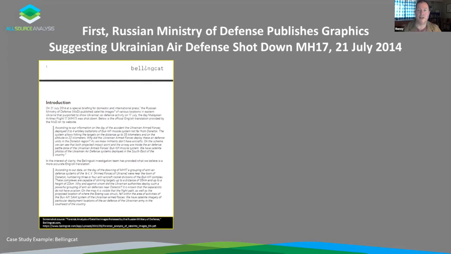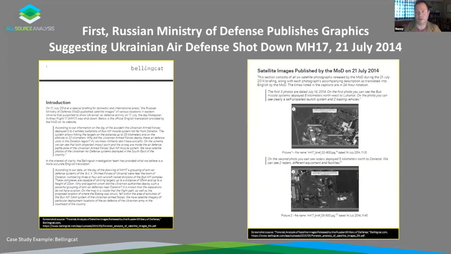Now, here is an overview of this from the organization Bellingcat. They did a full case study of this example publication. The Russian Ministry of Defense published a series of graphics, 5 total graphics, and Bellingcat looked at each graphic and did an analysis of each one.